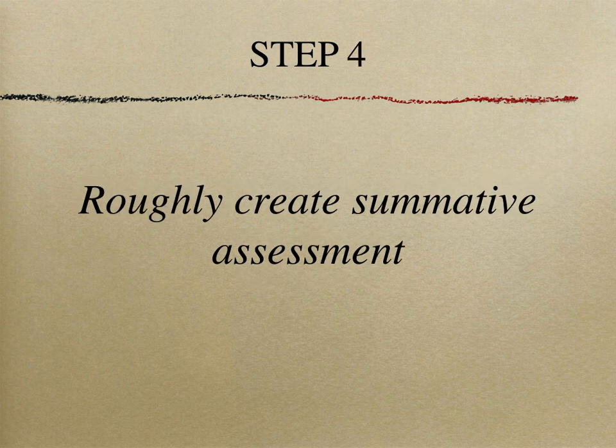The fourth step is to roughly create your summative assessment. And remember, summative is that culminating assessment, the mastery of everything that has been learned in the unit. You can create projects with choice for your different multiple intelligences. I have my written assessment that I laid out earlier, with different parts of my written assessment varying between matching, constructed responses, short essay.